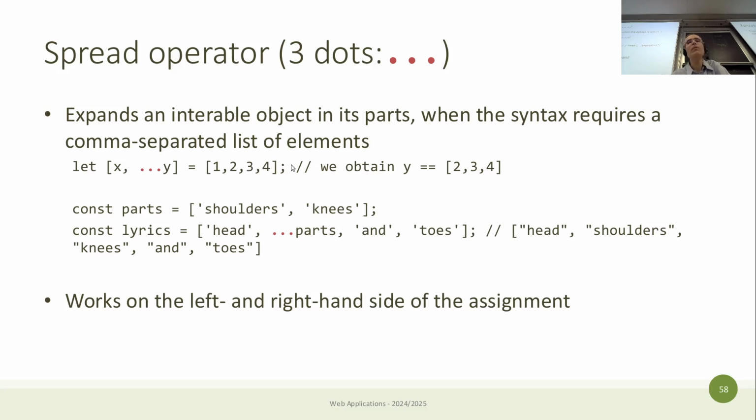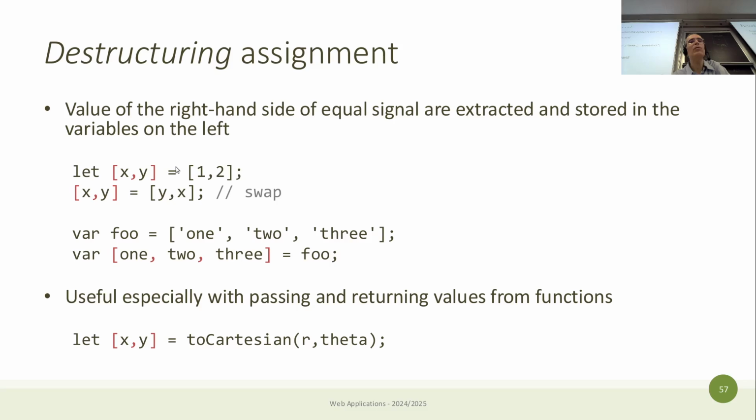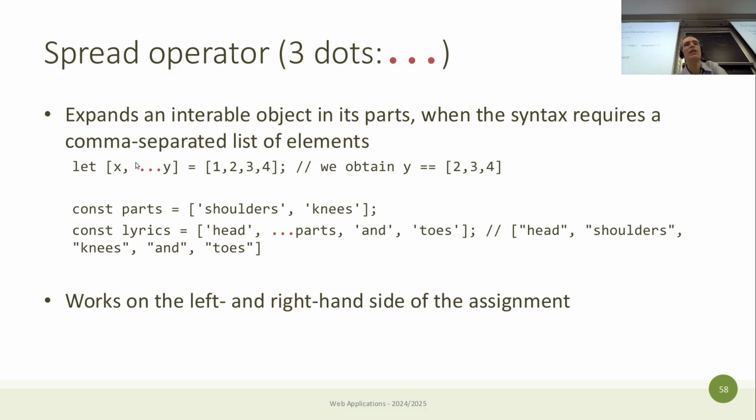What happens if there are 5 elements or 6? If you would like to use the same writing as before, we should write 5 variables, 6 variables, and so on. If we don't know, we have this trick.